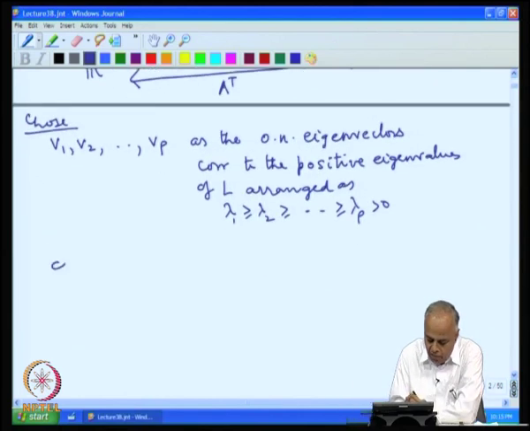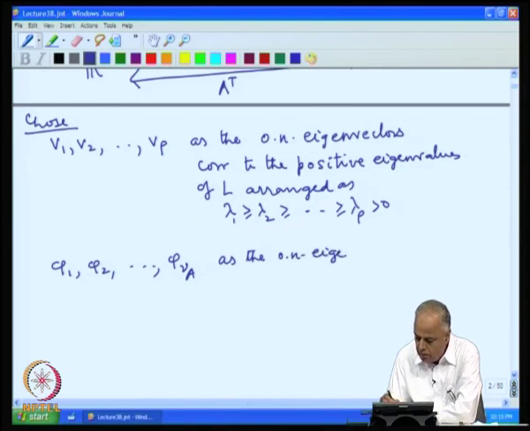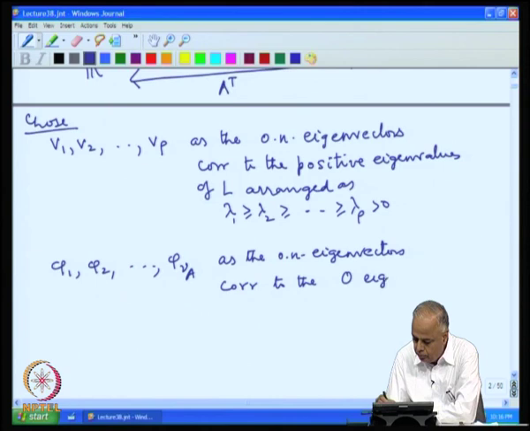And we obtained the phi 1, phi 2, phi nu A as the orthonormal eigenvectors corresponding to the 0 eigenvalue of L.